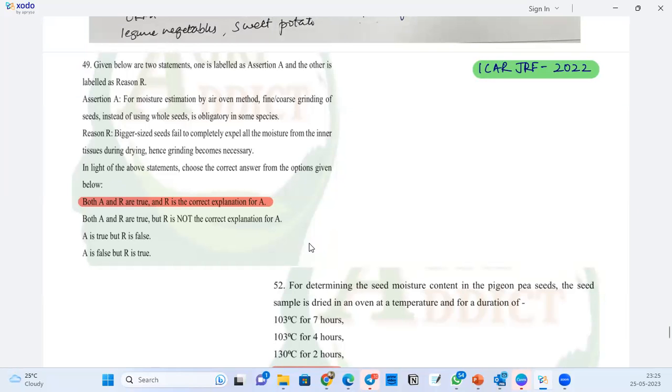This was asked in JRF 2022. Is the marked answer correct or is it wrong?